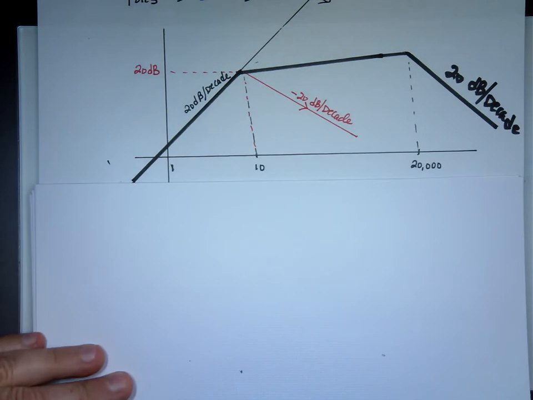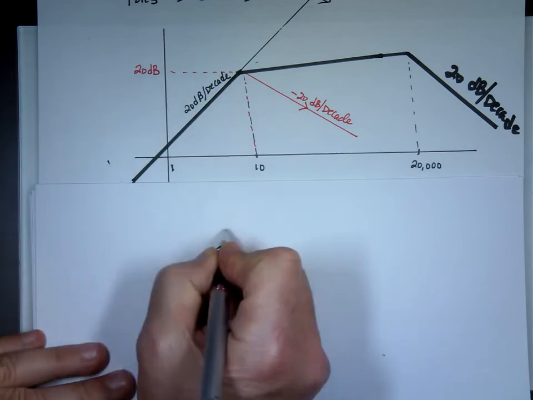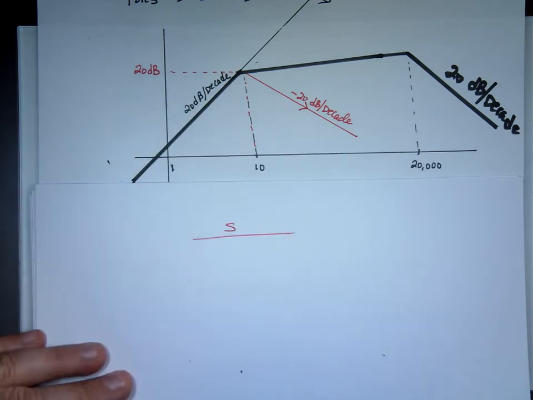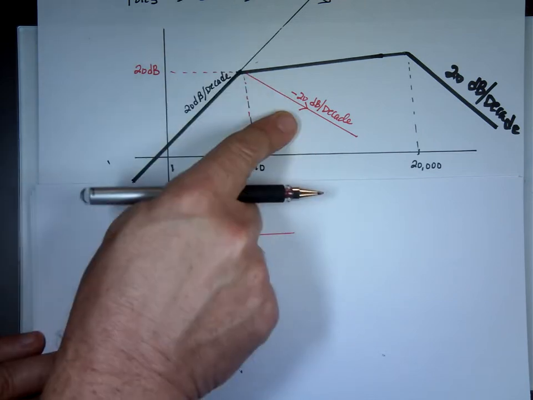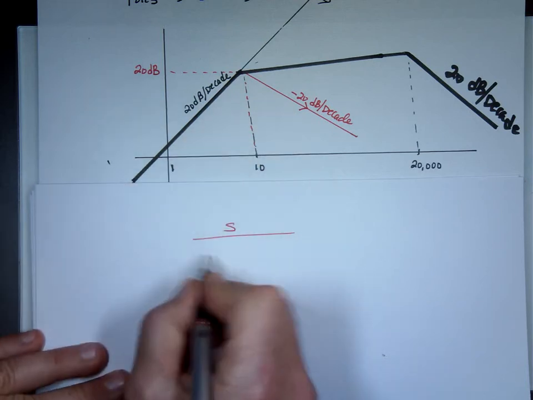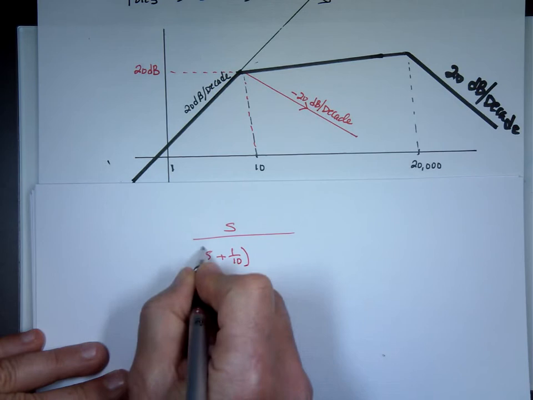What does that mean? There must be a 0 at the origin, a 0. It leveled here. Why did it level? That means something was pulling down on it at 20 decibels. Oh, that must be S plus 1 over 10. There's a pole here in the bottom.